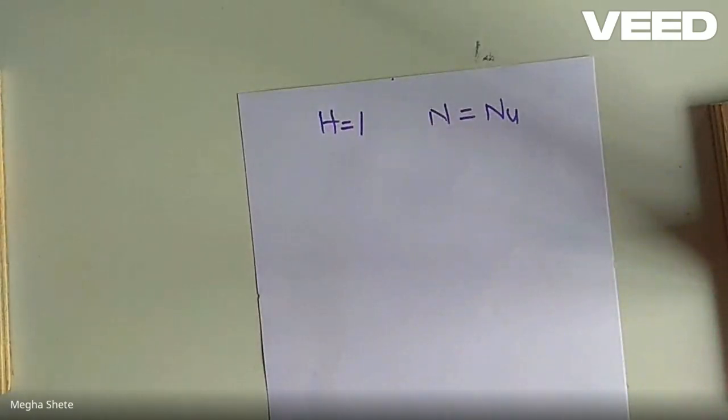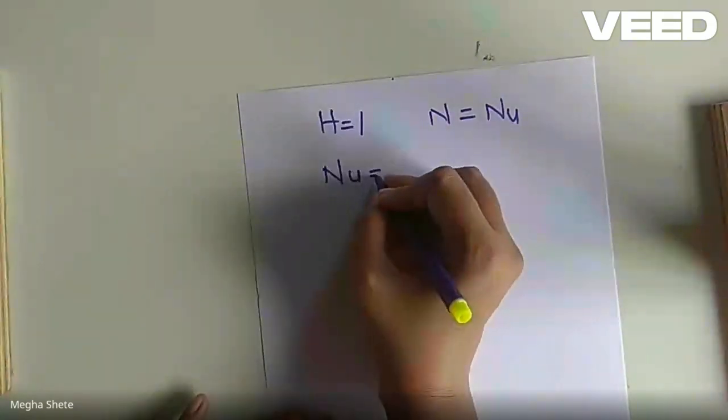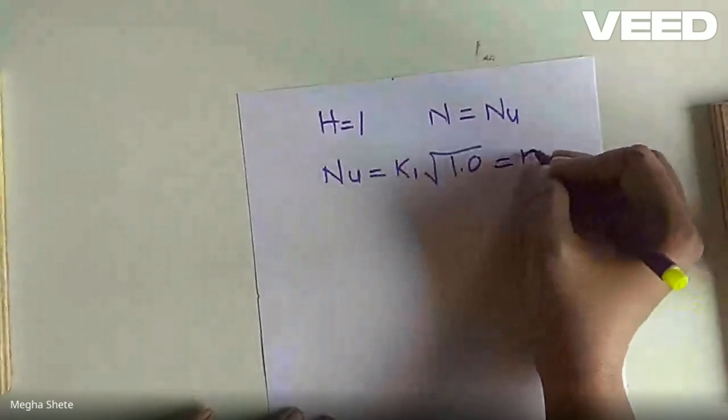If the head on the turbine becomes unity, the speed becomes unit speed, or we can write it as when H is equal to 1, at that time N is equal to NU. Substituting these values in the above equation, N is equal to K1 into square root of H. Therefore, NU is equal to K1 into square root of 1.0, that is equal to K1.